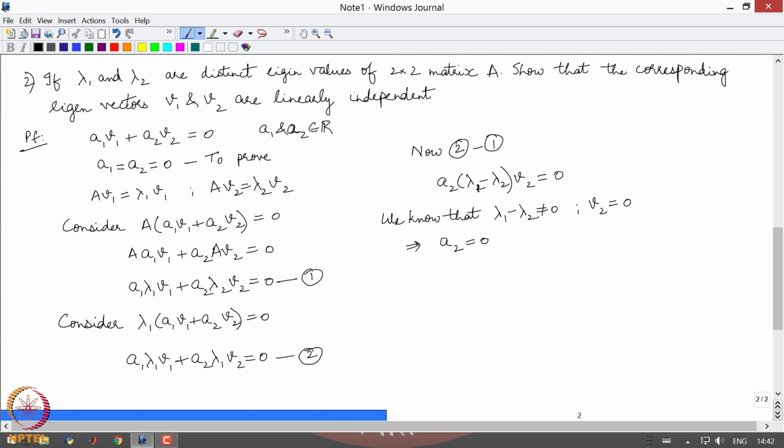So, now if A2 is 0 and I substitute this in the linear combination, then I get A1 V1 to be 0, and V1 obviously cannot be 0. So, it again implies that A1 should be 0. So, now this proves that A1 and A2 are equal to 0, and hence V1 and V2 are linearly independent.